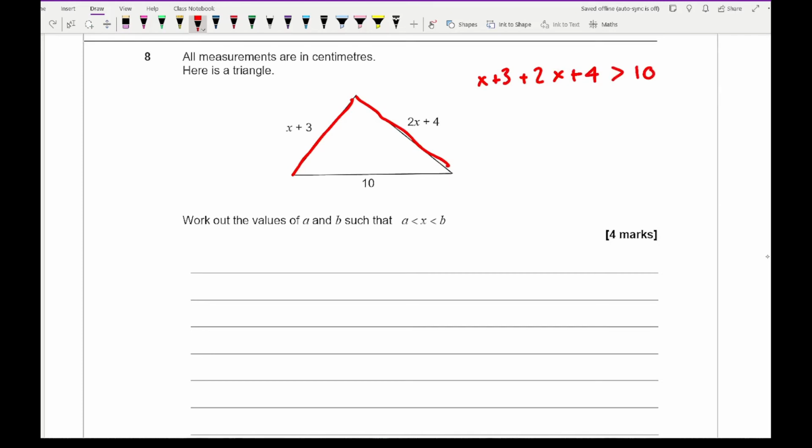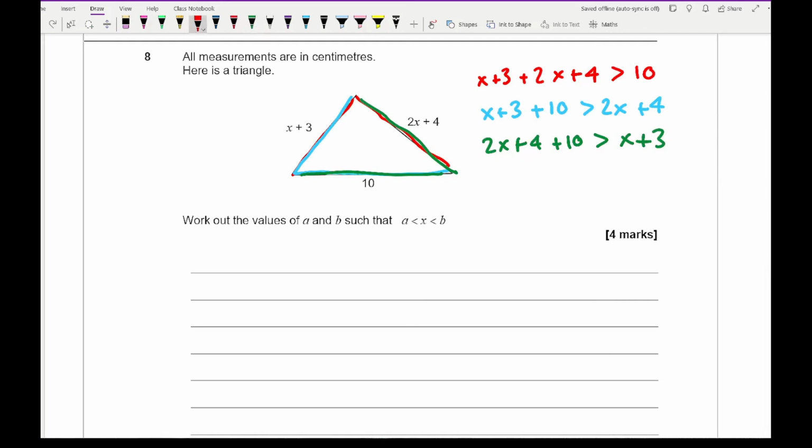Now, if I pick another two sides, let's go for these two sides here, then x plus 3 plus 10 must be greater than 2x plus 4. And if I pick the other remaining two sides, let's go for this one and this one, 2x plus 4 plus 10 must be greater than x plus 3.